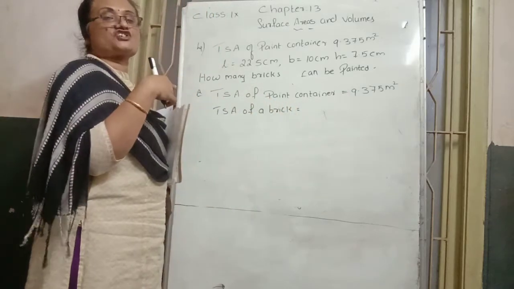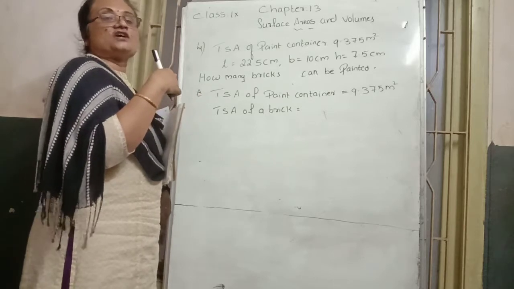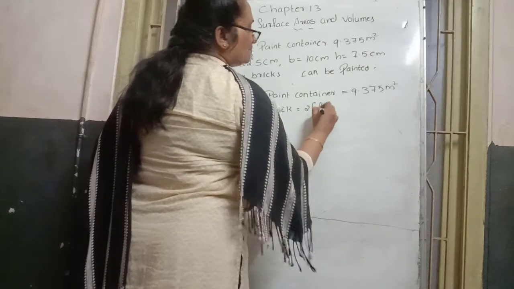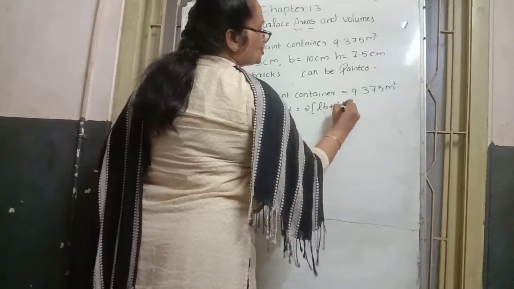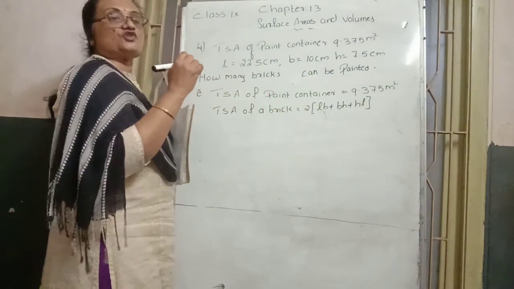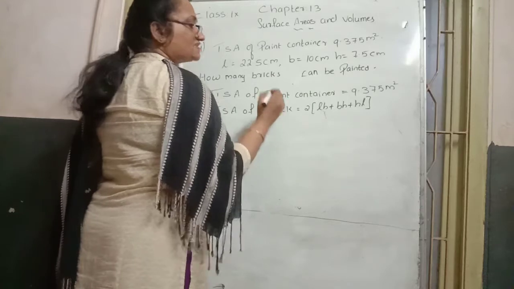Cuboid shape. What is the formula for finding TSA of a cuboid? 2 into (LB plus BH plus HL) is the formula for the total surface area of a cuboid. Our brick is in cuboid shape.